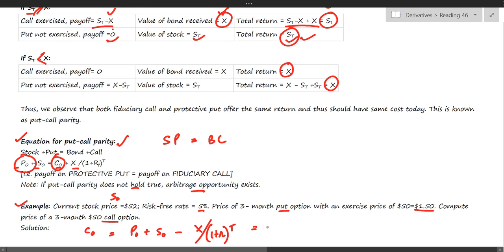Value of the put option is 1.5. Then the value of the stock is given as 52, minus the exercise price, 50, divided by 1 plus 5% to the power, this is for 3 months, right? So solving this, you get the value of the call price to be 4.11.